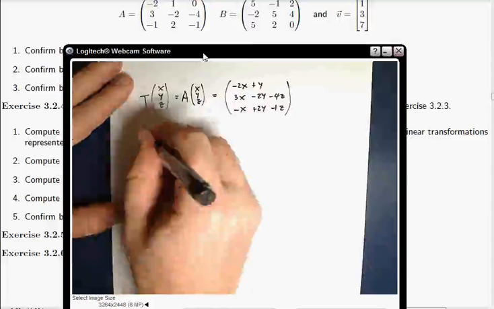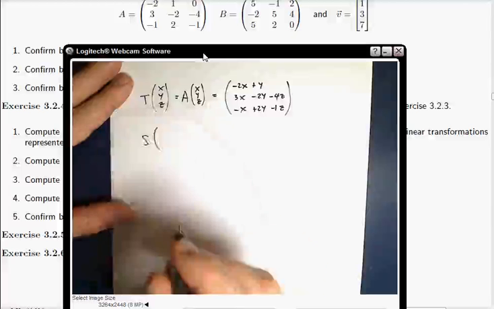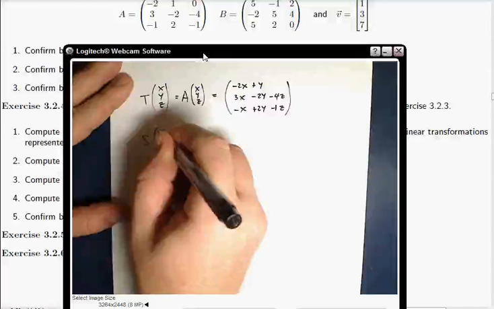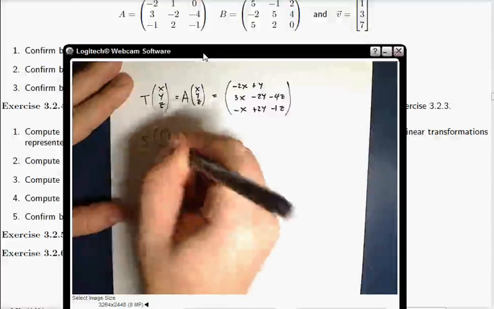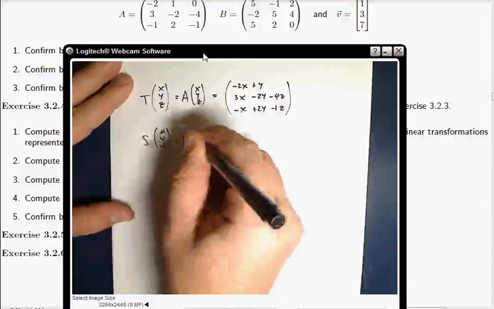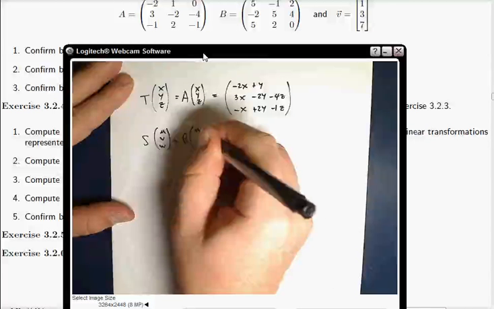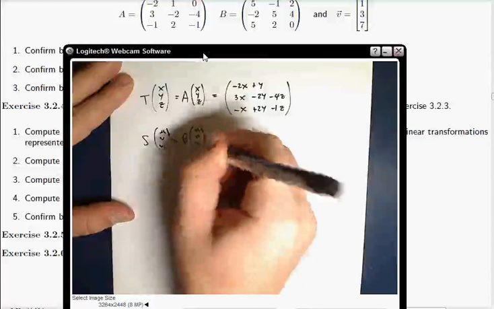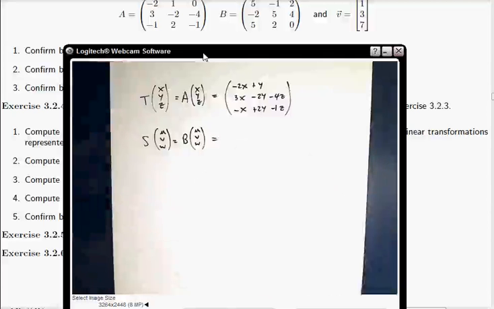And then ditto for a linear transformation S of UVW given by B times UVW. You'll notice I'm not using XYZ here because I'm going to be composing, and compositions are confusing if you confuse your variables.